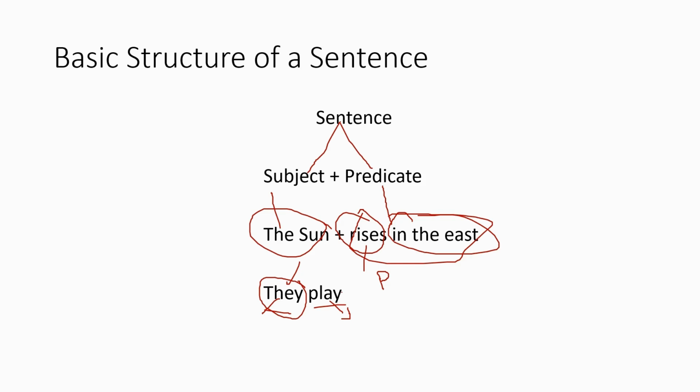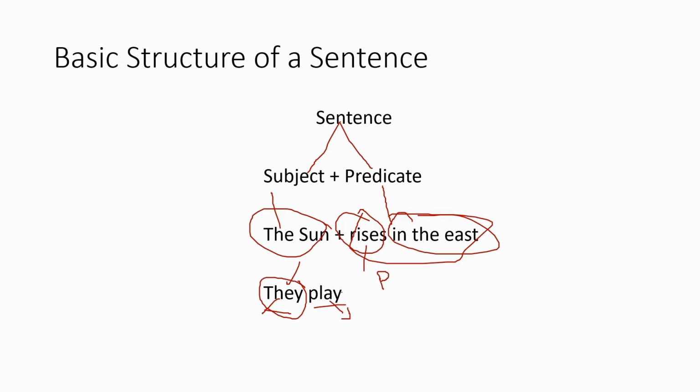Predicate may be a combination of verb plus other phrases, or it may only consist of one verb or predicator. If I start talking about phrases, the video would be longer, so I will not go toward that one.